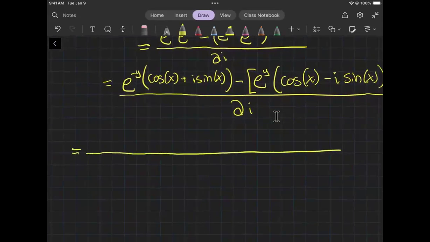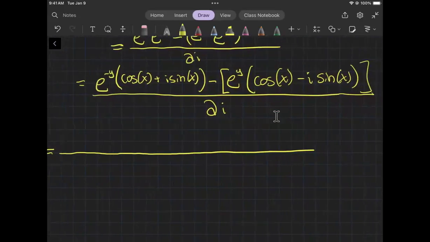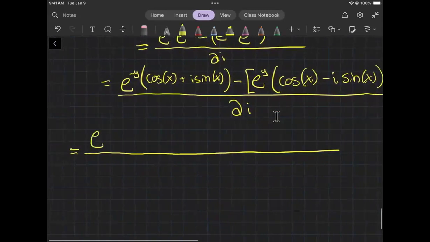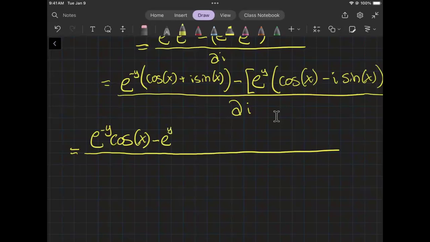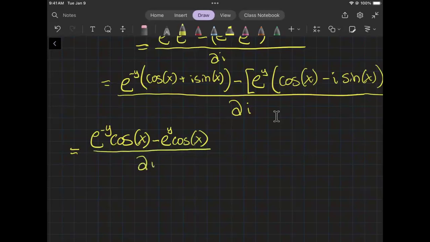Okay. So now what I'm going to do here is gather the real and imaginary components of the numerator. With the real component, what that is going to look like is e to the minus y cosine x minus e to the y cosine x, over 2i.